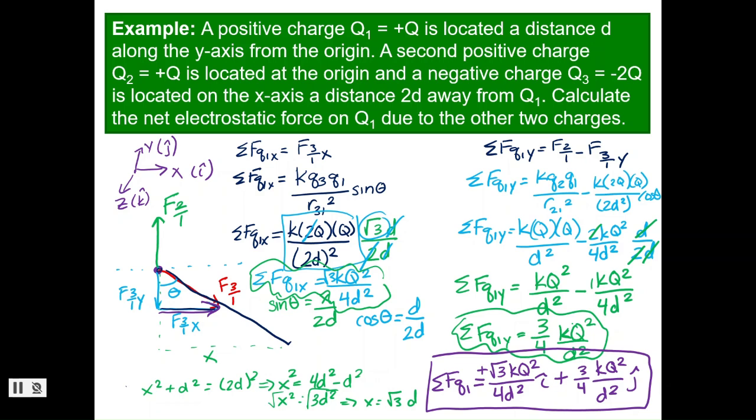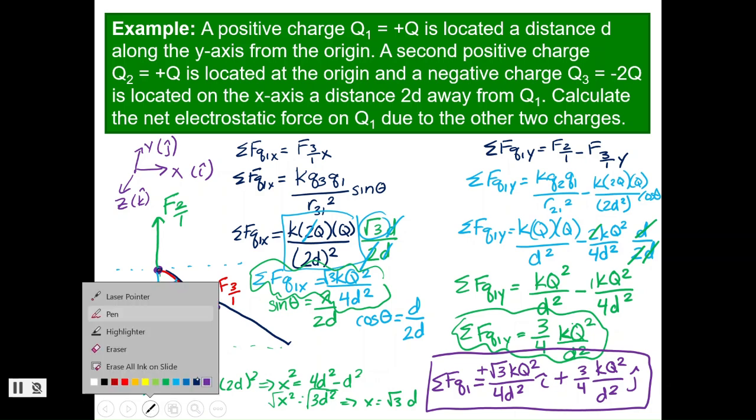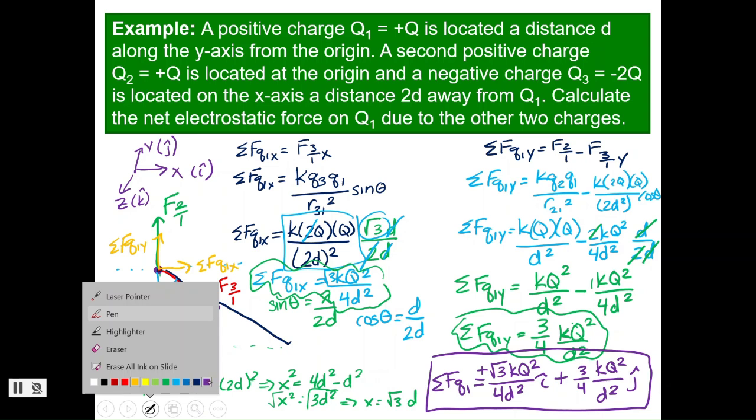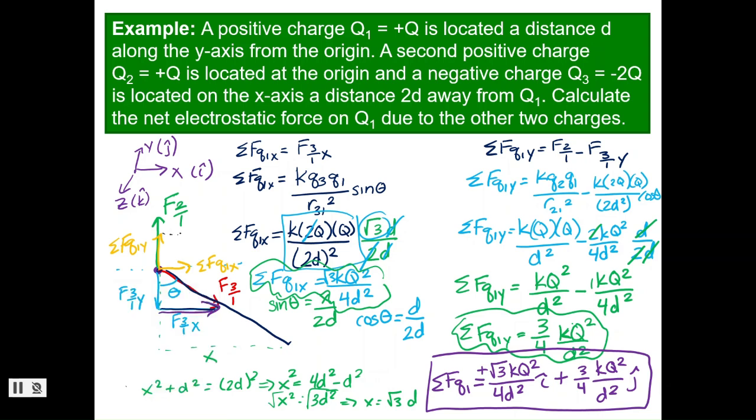What I would end up getting, if I was to actually work this out, is my net force on Q1y is up. My net force on Q1x is to the right. So if I was to combine those together, wherever that ends up, that would be my net force of Q1.